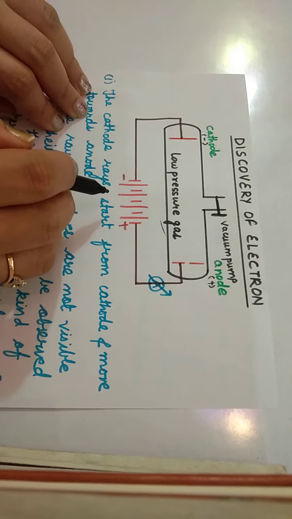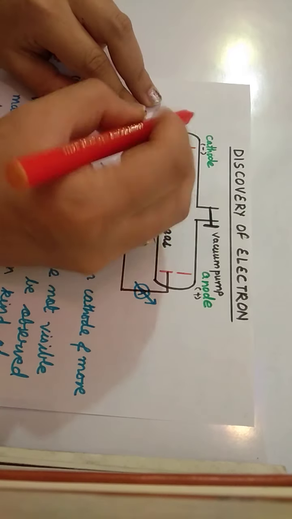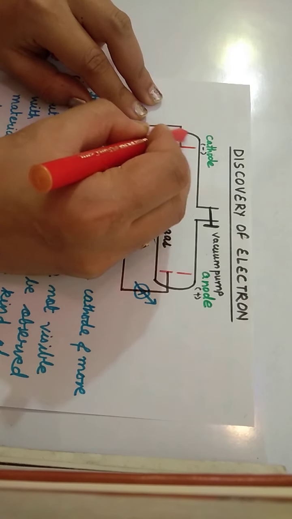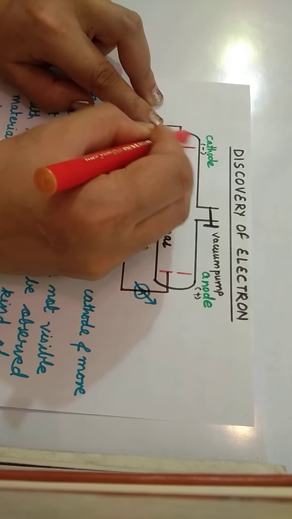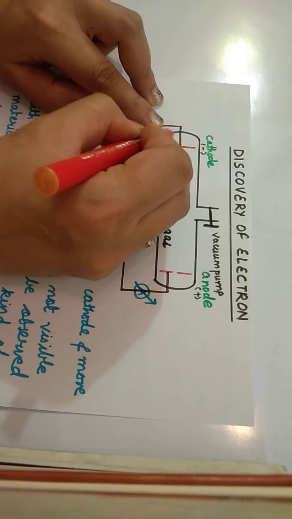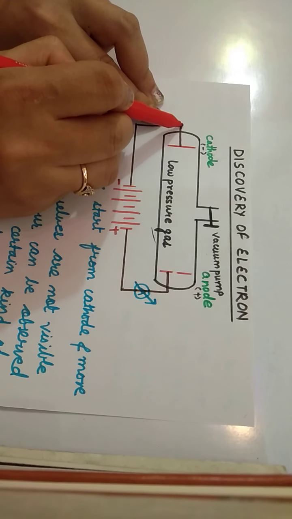Now what happened, children? He did one thing. Firstly, he coated the discharge tube at the side of the cathode with a zinc sulfide screen.